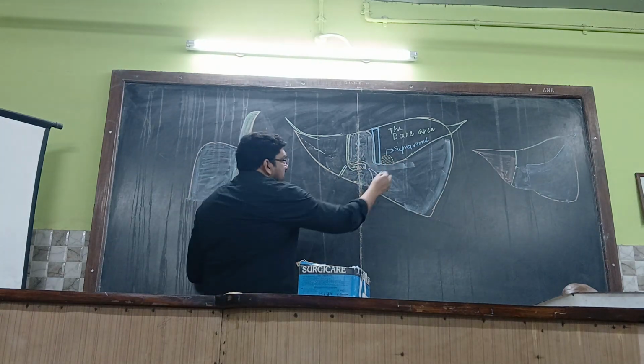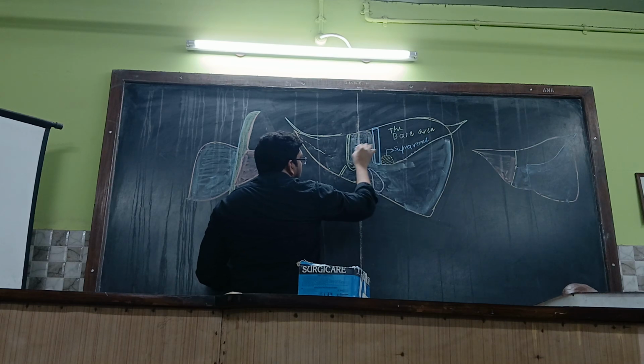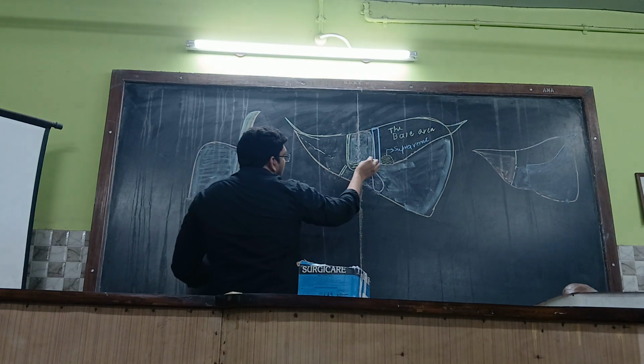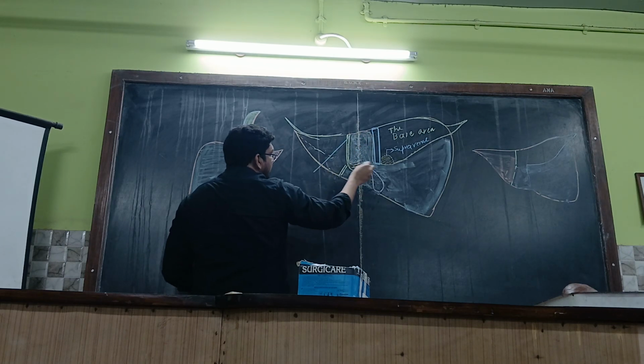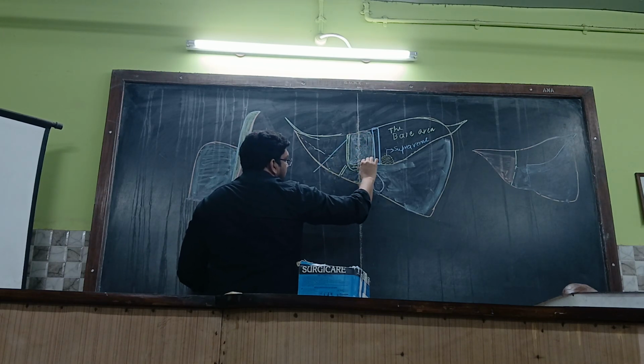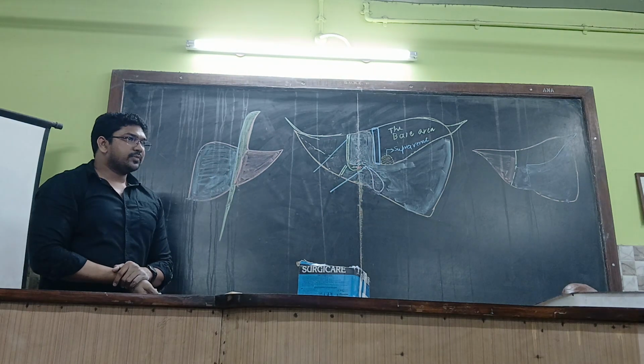Getting it out? So the same layer will be going horizontally and will be occupying the entire caudate lobe over here. Getting it out? So after going over here, from here it will be reflected downwards as the lesser omentum. Could you understand? Right.